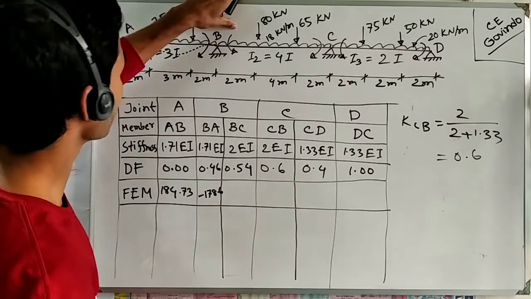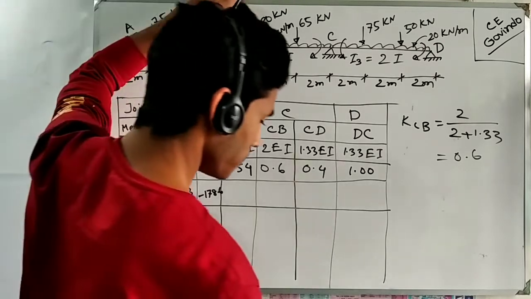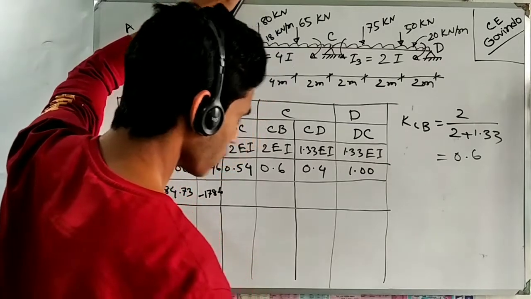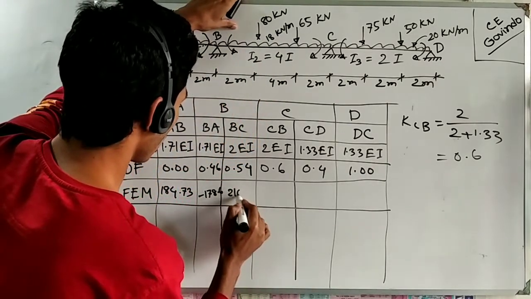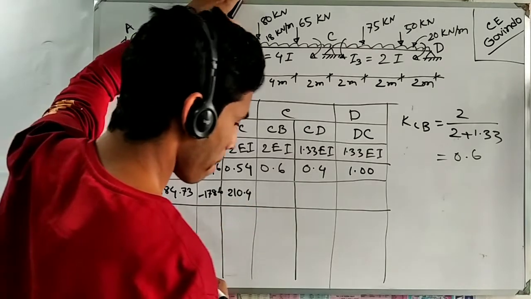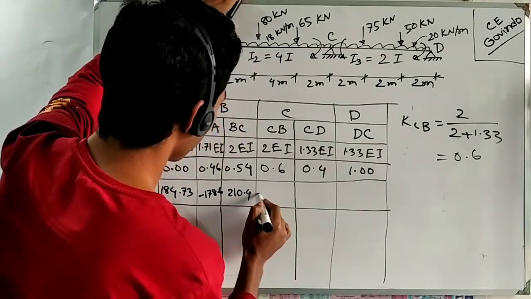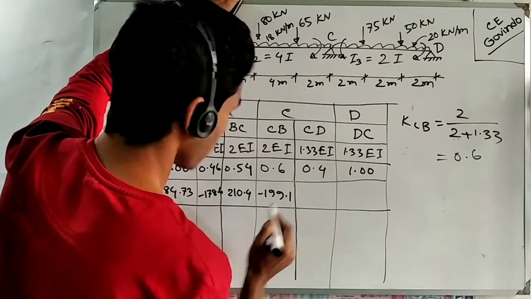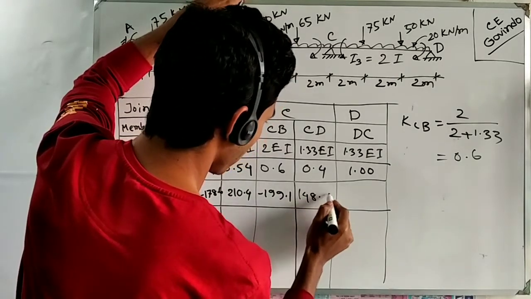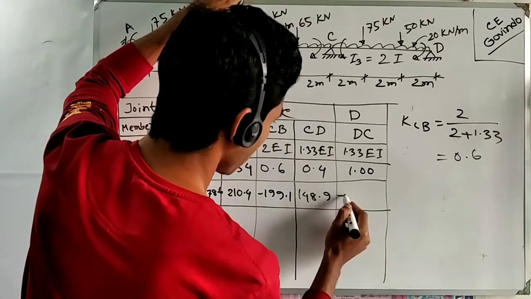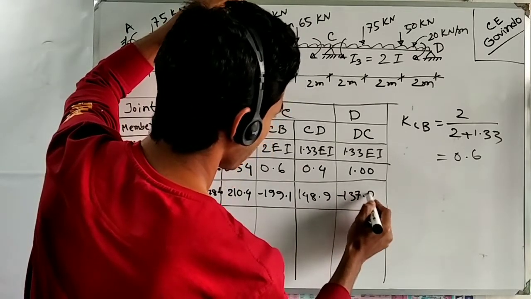For the BC member we got 210.4, minus 199.1, 148.9, minus 137.8.